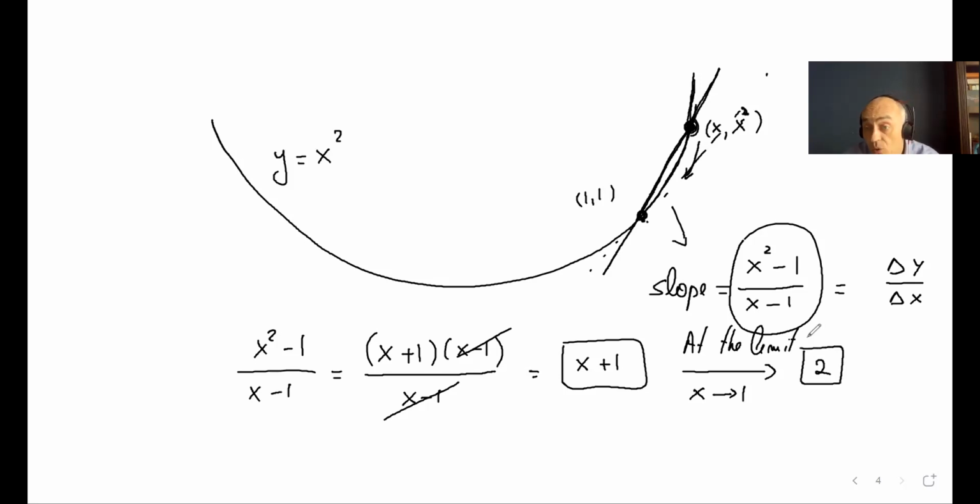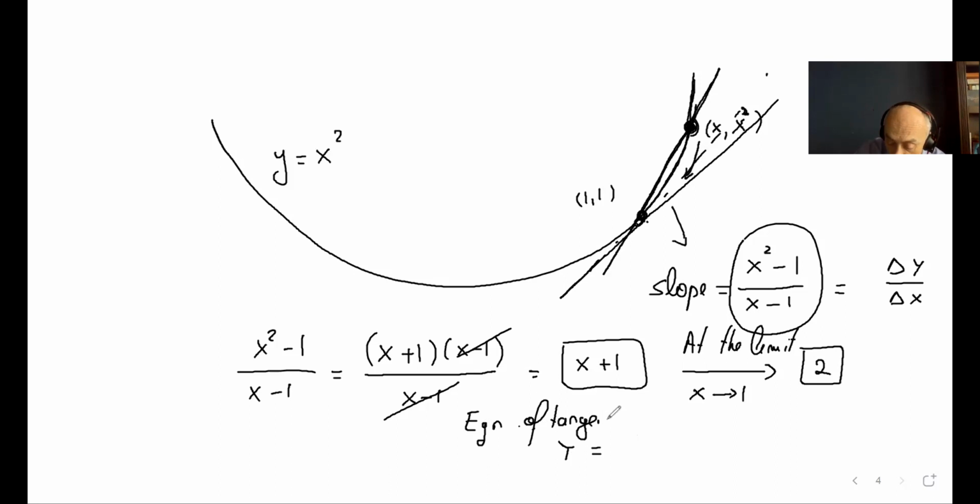And that turns out to be, folks, the real slope. That turns out to be the slope of a tangent line. And once I have a slope of a tangent line, and I know that the tangent line goes through the point 1, comma 1, remember the equation of a tangent line is going to be the slope, which we just found to be 2, plus b, some y-intercept b.